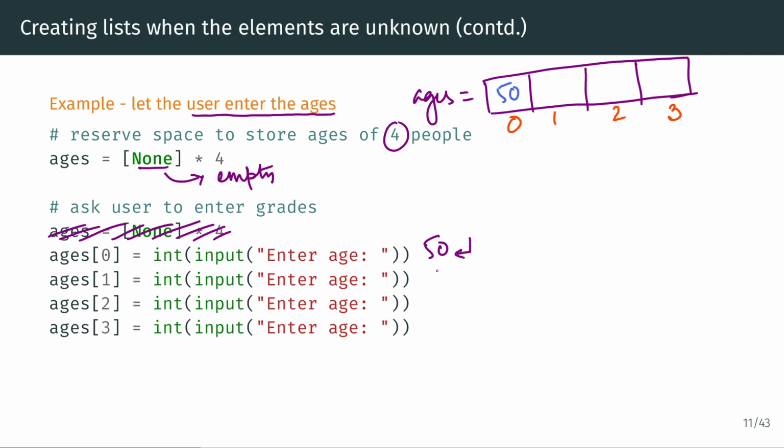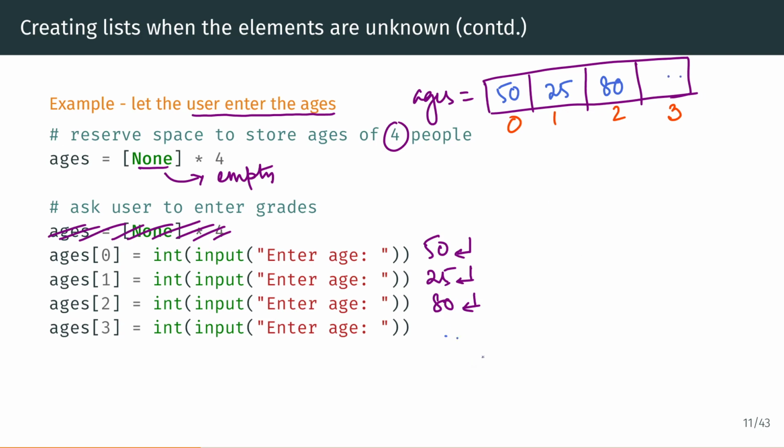Next, let's say I enter 25, so the second person is 25 years old. I save that in ages[1], so ages[1] will have 25. Now ages[2] is again input, enter age, and let's say 80. This would be 80, and so on and so forth.